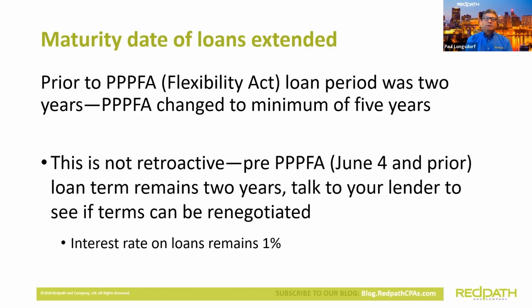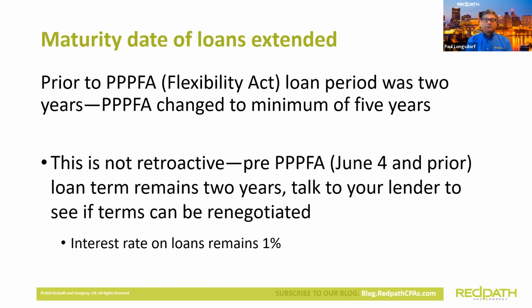Now it's important to note that for all of you who had your loans on June 4th or prior, your loan documents all clearly say 2 years, and those have not changed by virtue of this act. The lender does have the ability to extend it to 5 years, and basically it's a mutual agreement.